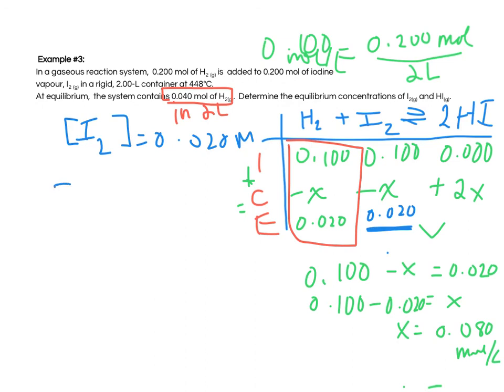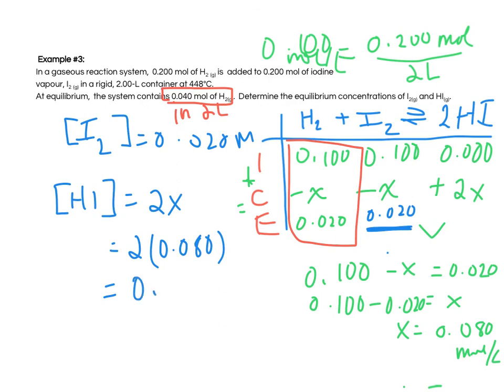But my concentration of HI is given by the expression 2x. So 2x means 2 times whatever x is, 0.080 moles per liter, which gives me 0.160 moles per liter. And I'm done.